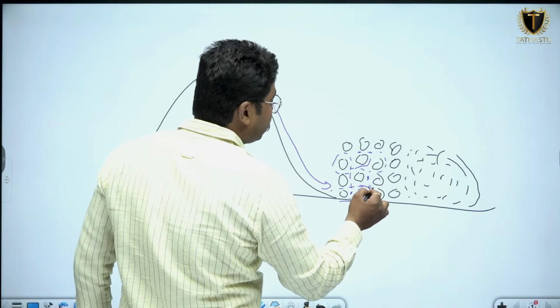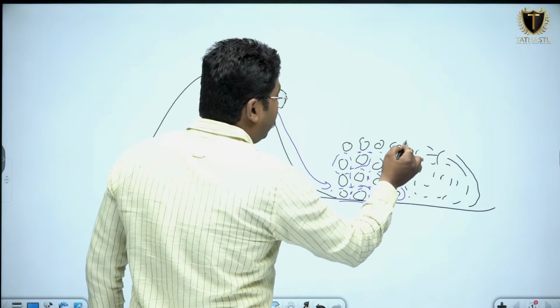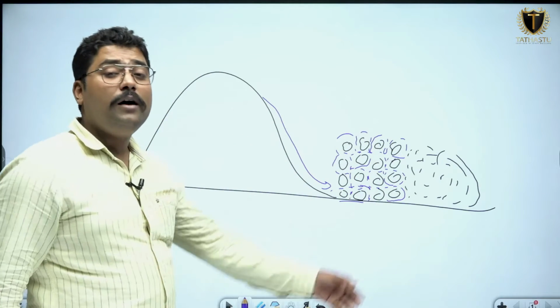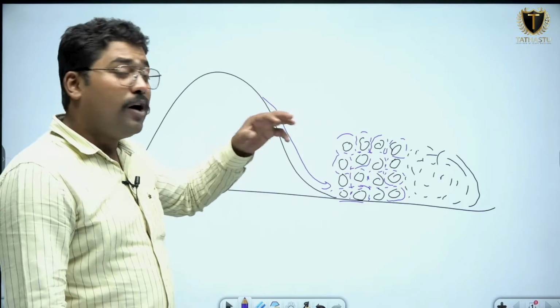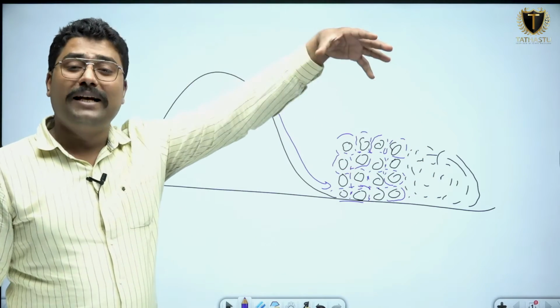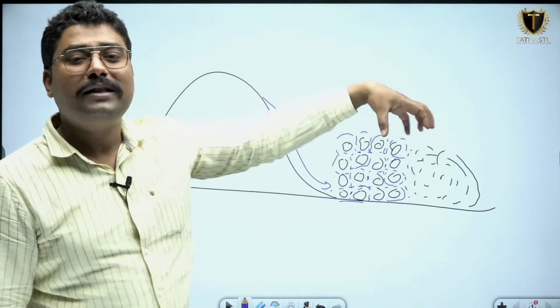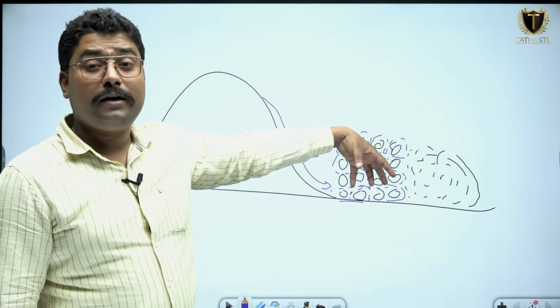And from a distance, if you look for the river, you can't see it, because the river is flowing between the boulders. This means from a distance you will find that the river is disappearing in this region. So it will be considered as the Bhabar belt.